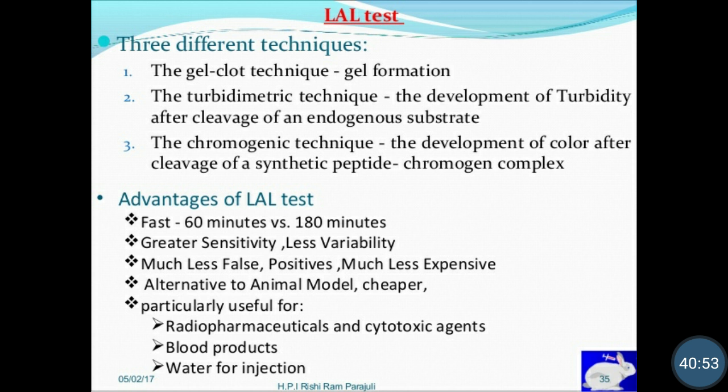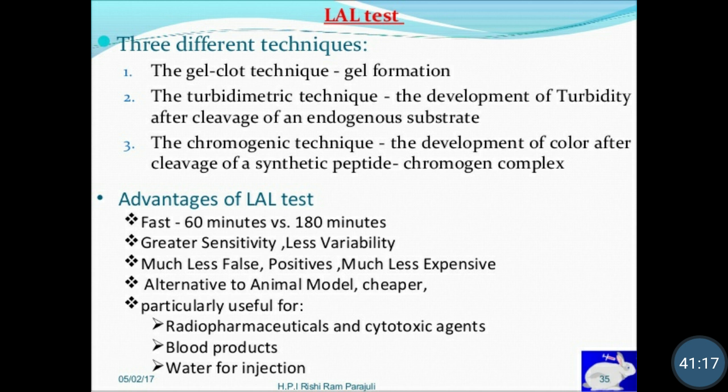So आता प्रोसिजर कशी केली जाते याची? 0.1 ml amoebocyte lysate enzyme is mixed with 0.1 ml test solution. That test tube is incubated at 37 degrees Celsius for 1 hour. After 1 hour, the test tube is inverted at a 180 degree angle.